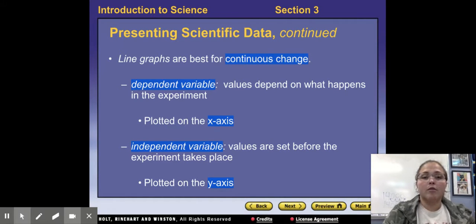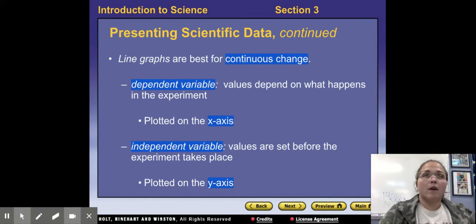And so with line graphs, you have your dependent variable and your independent variable. The dependent variable is the values for the graph depend on what happened in the experiment. So the dependent variable is what you measured. It depends on what you changed.